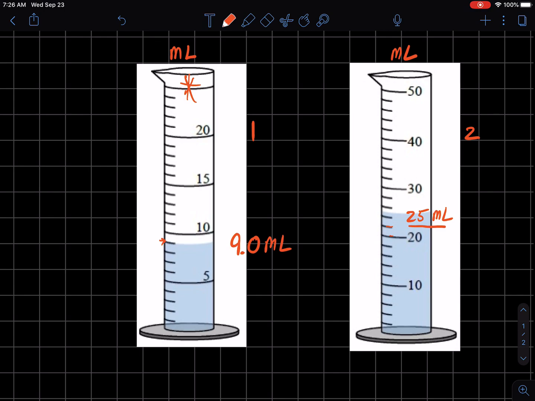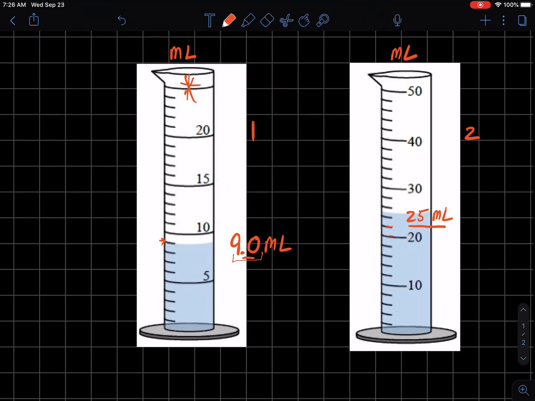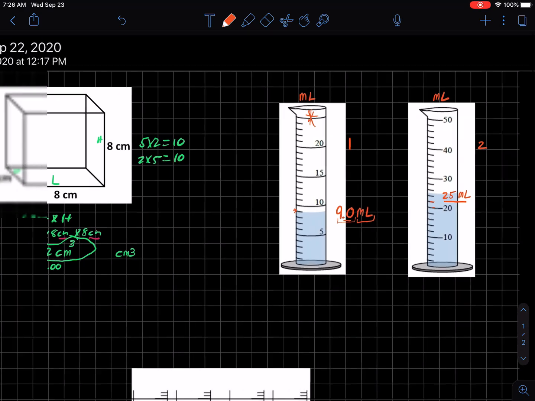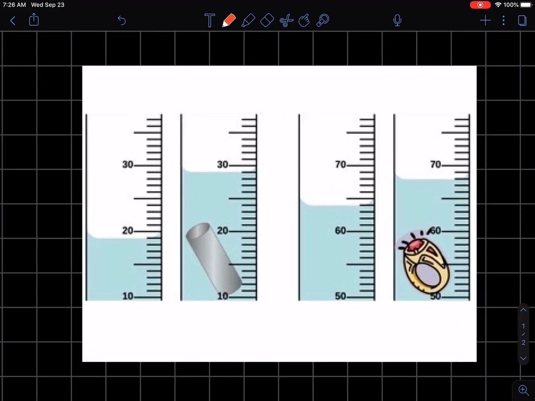But make sure when you write it, you have the correct number, the correct number of decimal places, and a unit. The unit, whenever you're reading the graduated cylinders, will always be milliliters. Whenever you go up by ones, one decimal place. When you go up by twos, no decimal places.